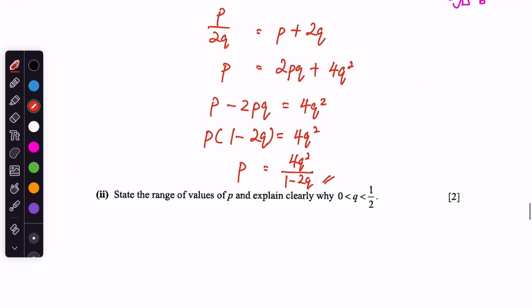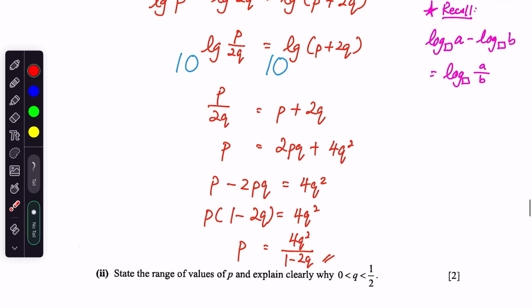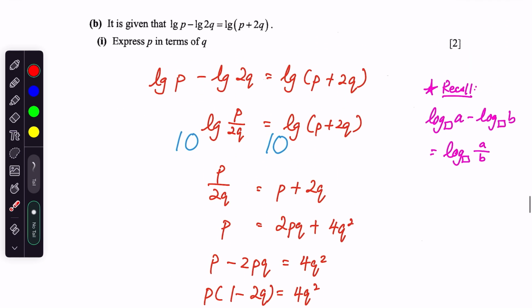Now part 2. State the range of values of P and explain clearly why Q has that range of values. So typically speaking, when we get something like a range of values, we want to talk about what is allowed, what is not allowed. We usually look at the original expression we're given, right? So we are given these few things: 1 term, 2 terms, 3 terms.